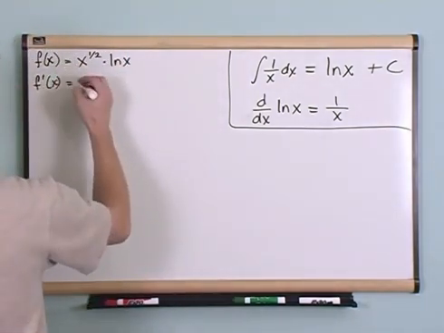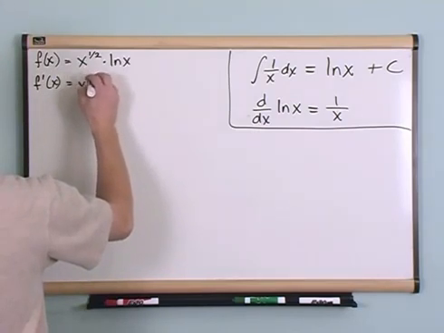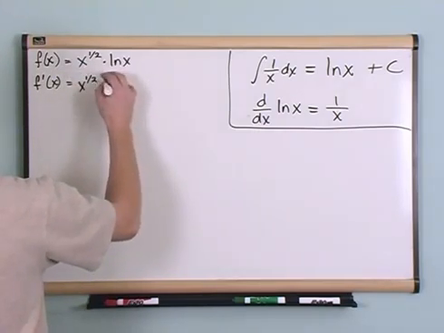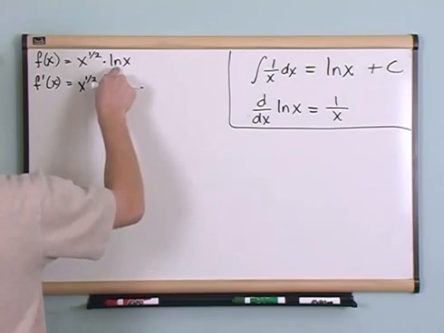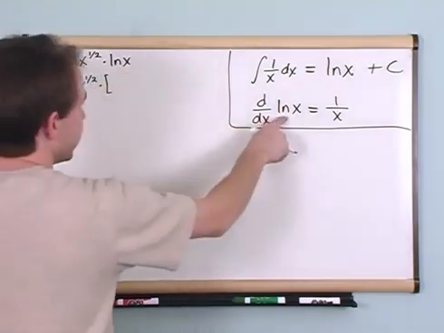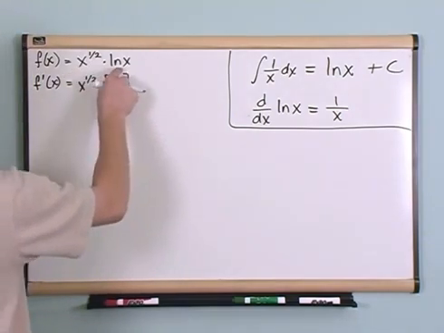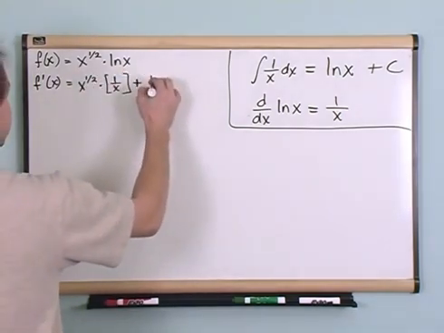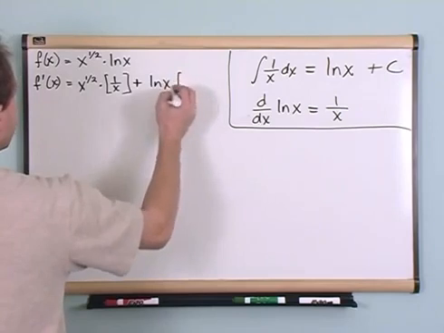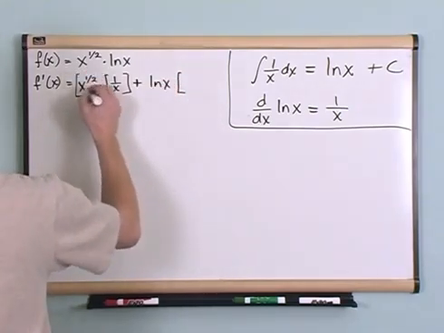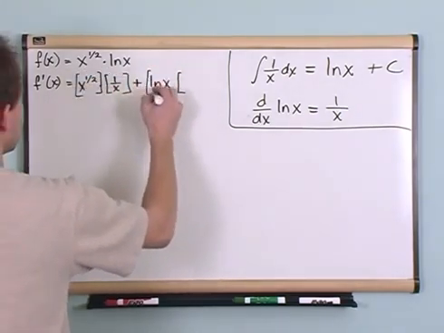So let's do that. You have the first term, x to the 1/2, times the derivative of the second term. The derivative of this is just simply 1 over x. Right? First times the derivative of the second plus the second term. Okay? I'm going to go ahead and put brackets around everything so that we're very clear.